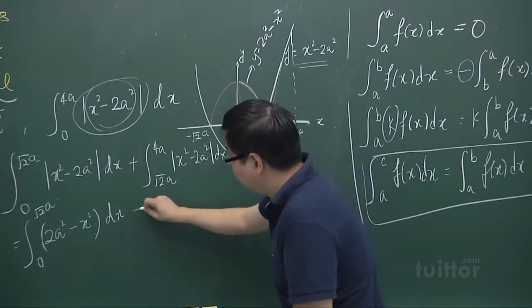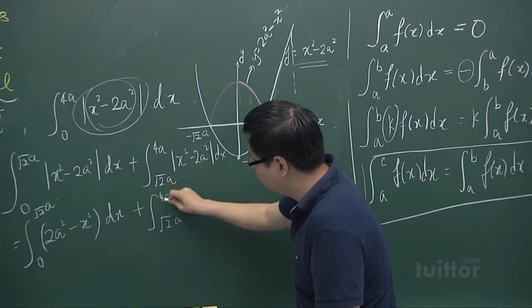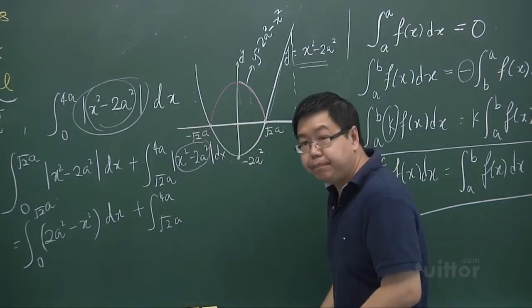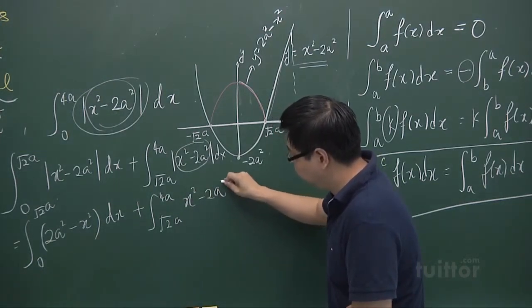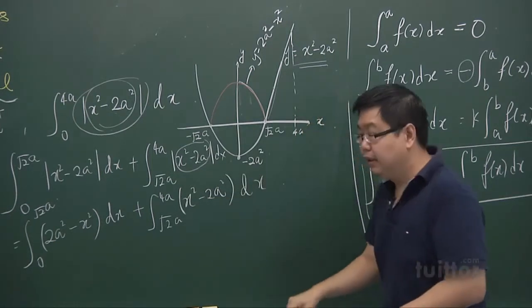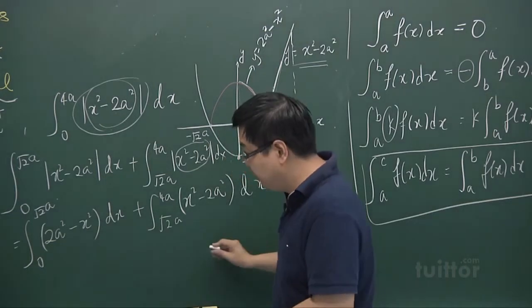And then the other part, from root 2a to 4a, this function is always positive, so we can remove the modulus immediately, dx.